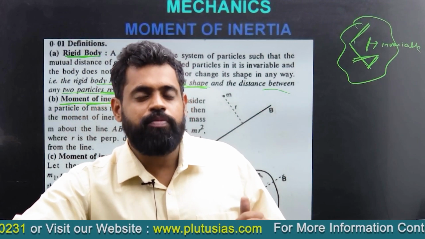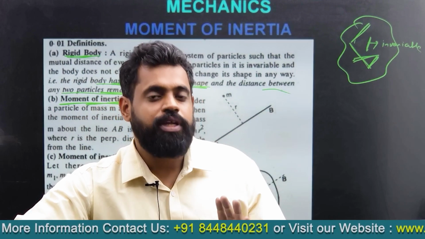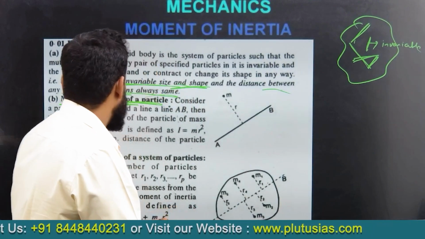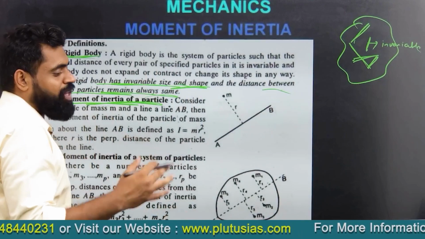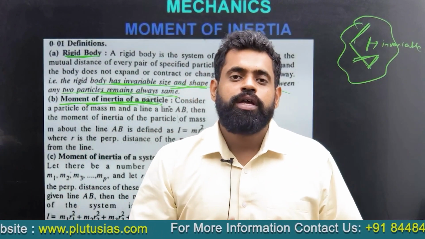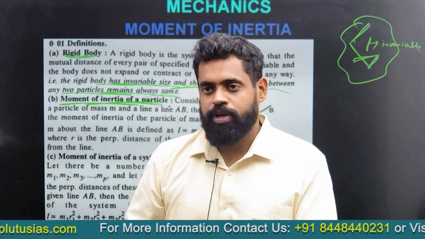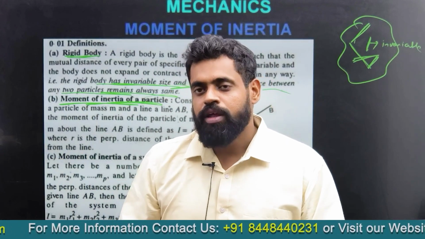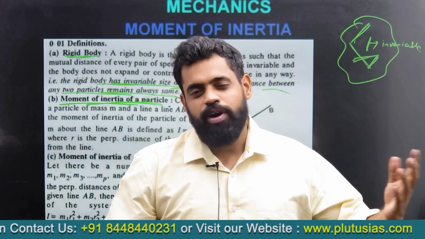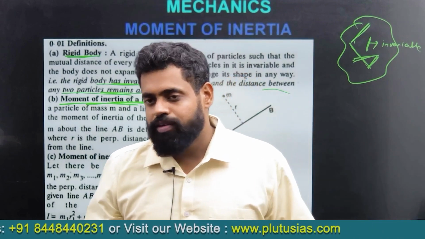And one thing you must notice is that moment of inertia depends upon the axis we have chosen. We'll study this from a mathematical point of view. You have to learn how to calculate moment of inertia, the difficult formulas. We don't have to go to the physics portion, why we use moment, that is not our concern here.